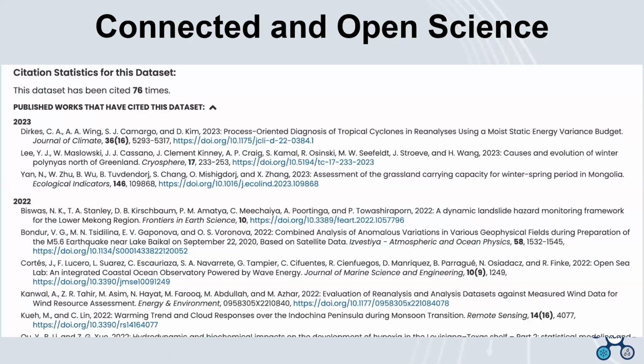And that lets us do things like this. We can say this data set has been cited 76 times. We can show you a bibliography of all the works that cited the data set. Other researchers can come here and find out what work has already been done with this data set, new ideas type of thing, reuse is being facilitated here.